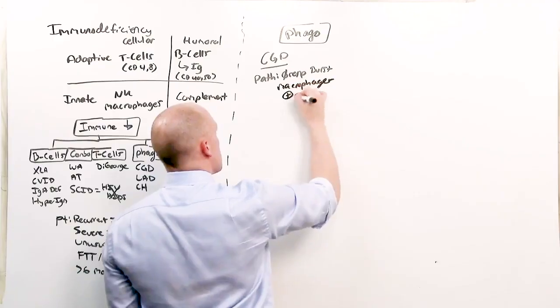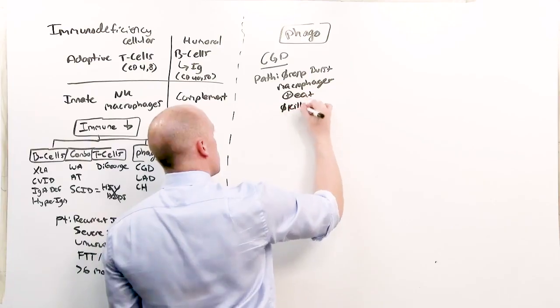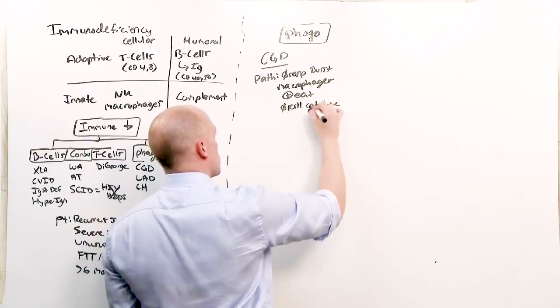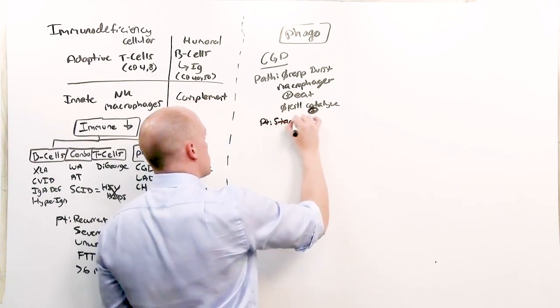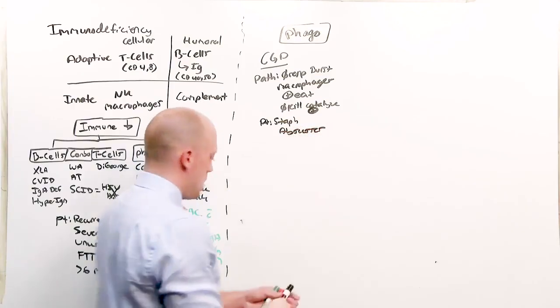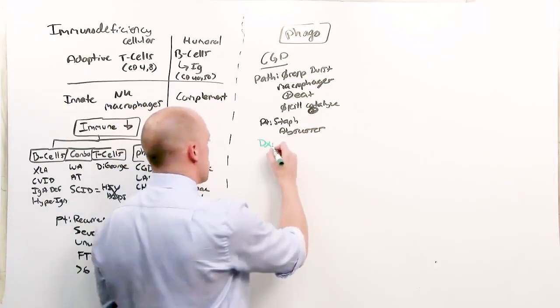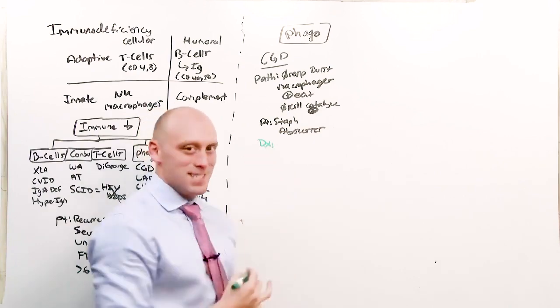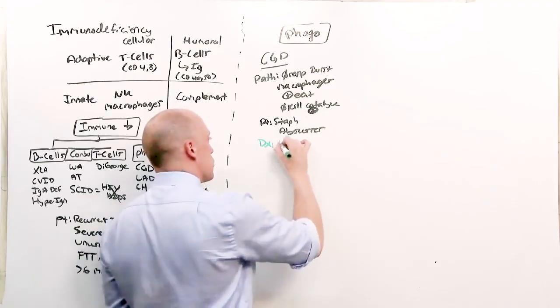They can eat the bacteria, but they can't kill catalase-positive organisms. So the patient is going to present with staph abscesses. And if you see lots of recurrent staph abscesses, you make the diagnosis of chronic granulomatous disease using the nitro blue. Nitro blue.